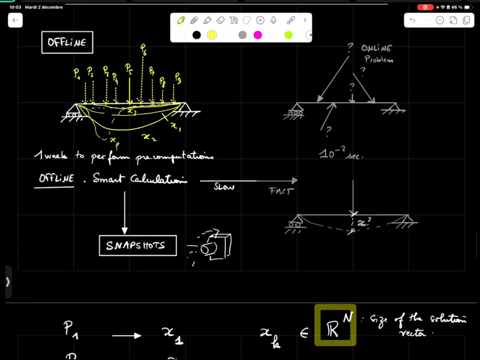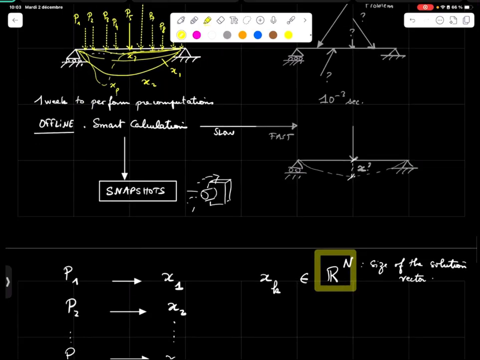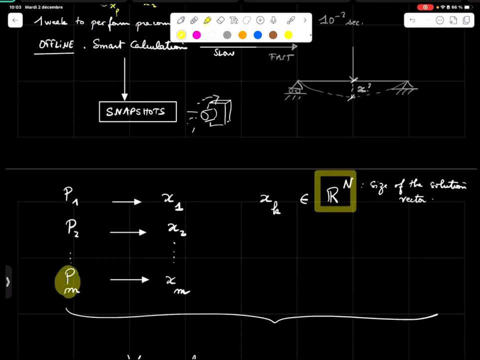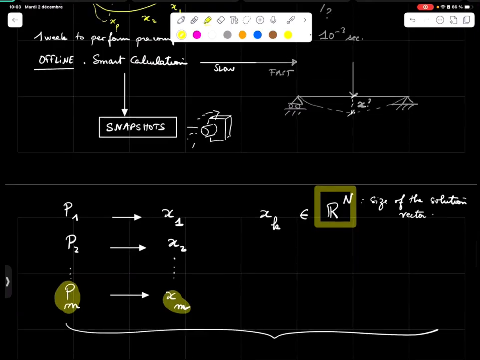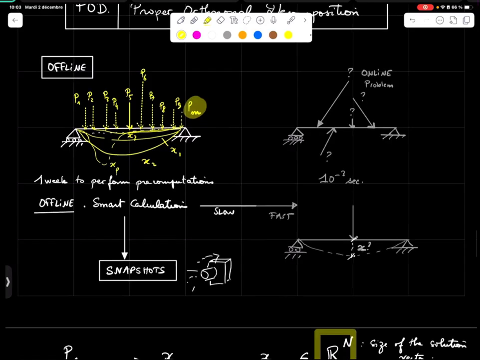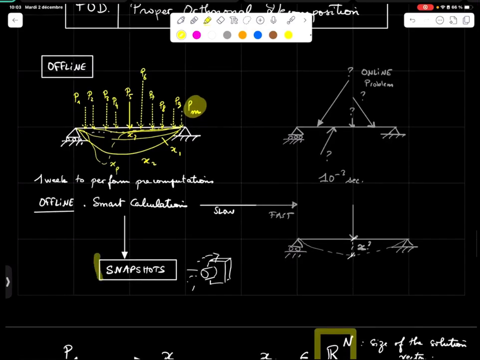So you noticed that here, I will actually make another one that I will call PM, because this PM, which is here, corresponds to this PM, which is here, which is the maximum number of solutions that I'm storing. Okay, so now I have snapshots. The snapshots are these curves. Okay, so all these guys here are snapshots.